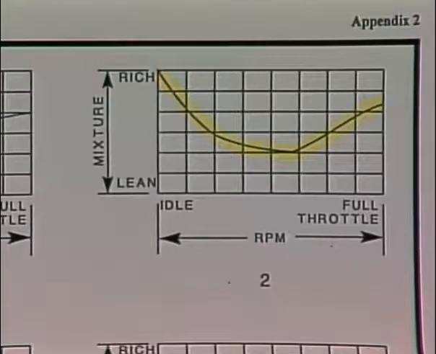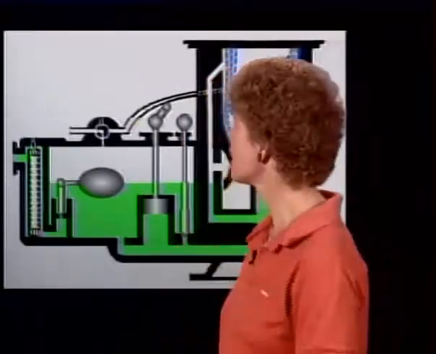So float-type carburetors have power enrichments or economizers, and the carburetor is normally set for the leanest practical mixture delivery at cruising speed. And then what you do is enrich the mixture with the economizer setting at higher power settings. The reason they call it an economizer system is because it allows you to economize on the fuel flow during normal cruise and then enrich it at higher power settings.